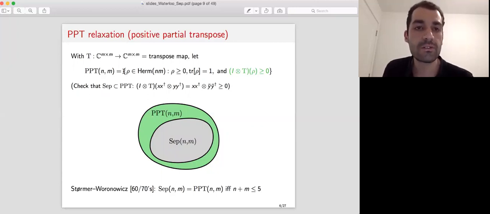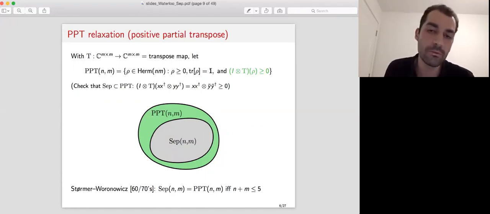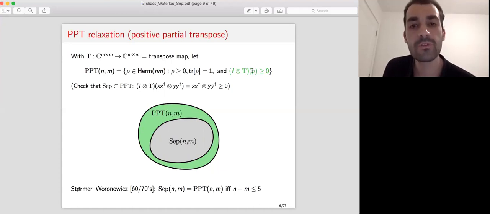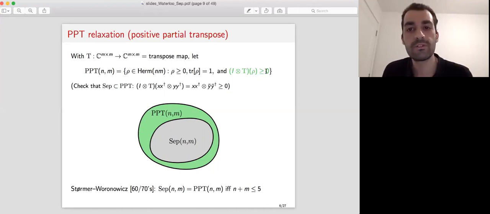It's the set of rho that are positive semi-definite with trace equal to 1. These are obvious conditions that are satisfied by anything in SEP. But the additional requirement that we include here is that the partial transpose of rho is positive semi-definite. By partial transpose, I mean that identity tensor T applied to rho has to be positive semi-definite.